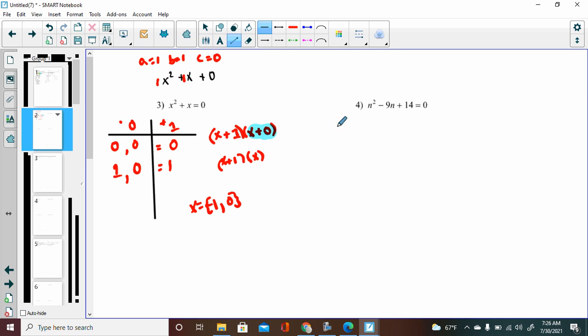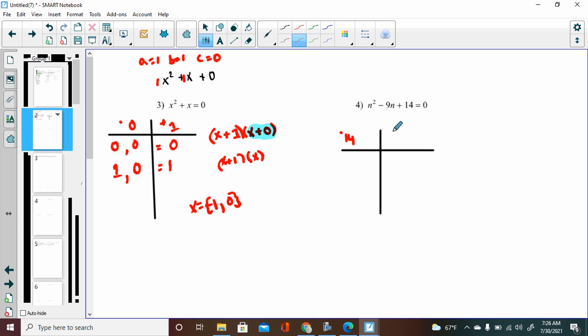Next, we're going to create a little table here. Remember, C is positive 14, so all my numbers might be positive, they might be negative. I like to do both personally. When I see a negative in here, I want to start with negative numbers. Like if I see a negative for B or C, I want to do negative numbers.